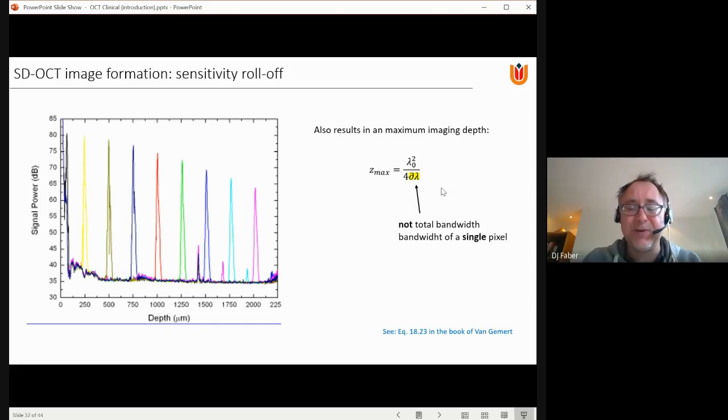If you can build a spectrometer which has infinitely small pixels, you could measure infinitely deep. But in real life, your pixels on your spectrometer, just a CCD camera like in your phone, have finite pixel sizes, and the result is that you will only see up to a certain depth, Z max.